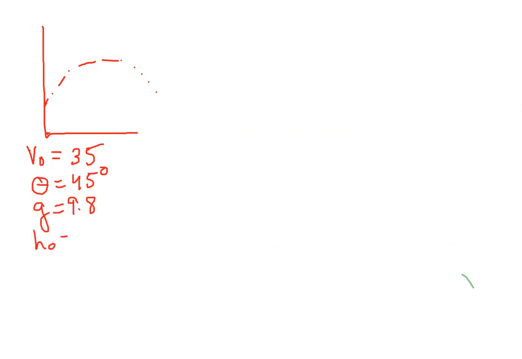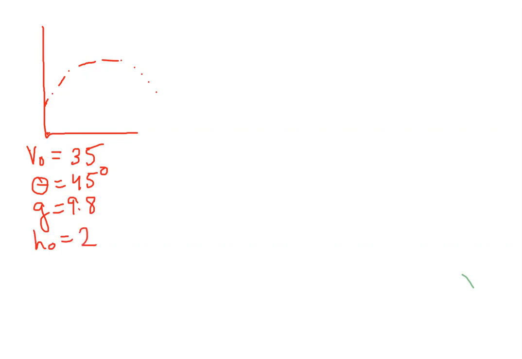It's not down here at 0, it's leaving it up here someplace. So it's going to look like this. It's not starting at 0, and what we know is our initial velocity is 35, and our angle is 45, and our gravity now is 9.8 because we're doing meters, and our initial height now is 2.